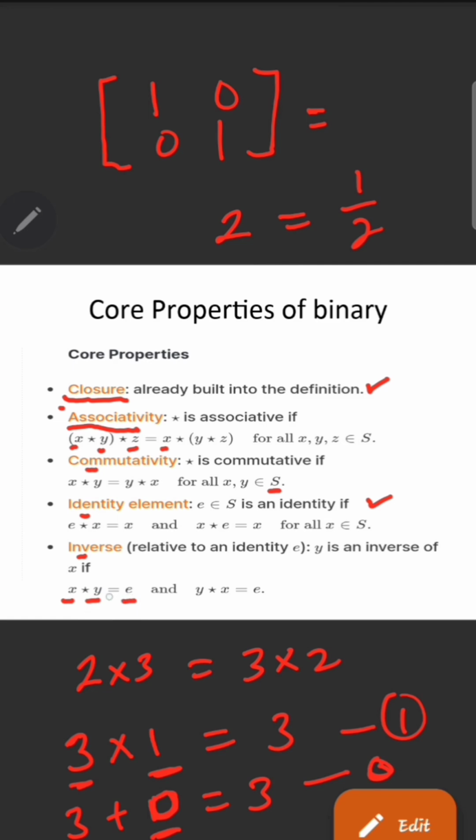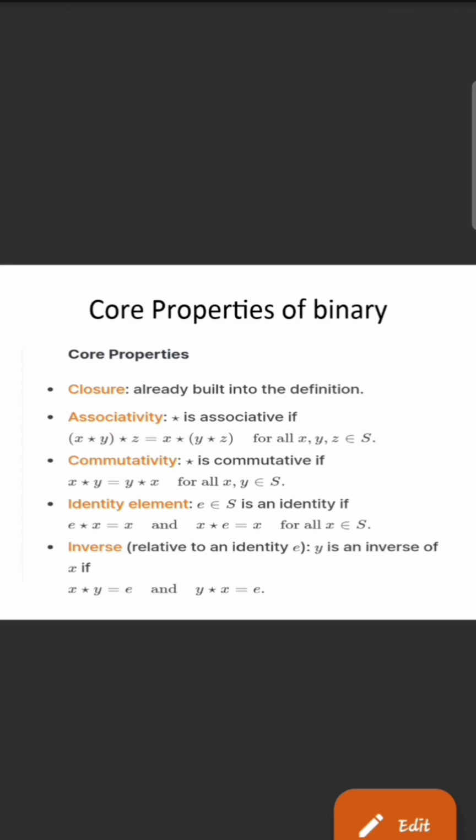It's just like saying when you multiply 5 by 1 over 5, what do you get? 5 times 1 gives 5 over 5, that is 1. So now let's move to the next slide, where I'm going to explain each of them one after the other, and we solve one or two examples on them.